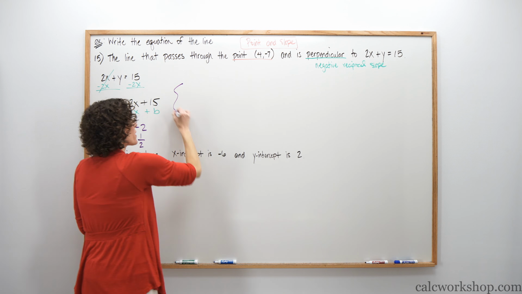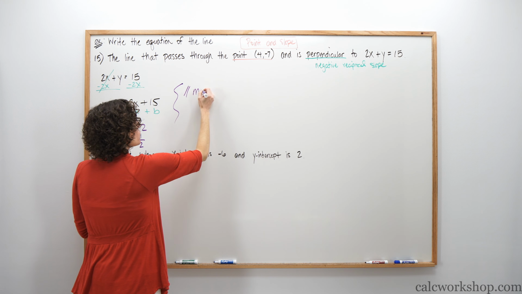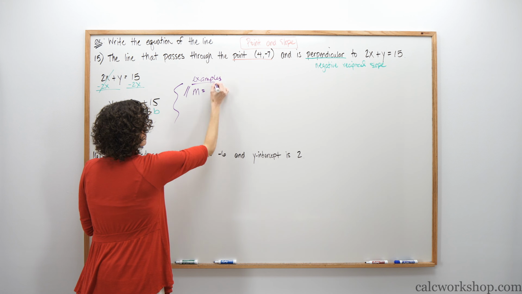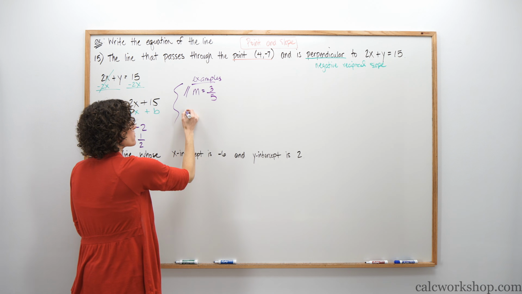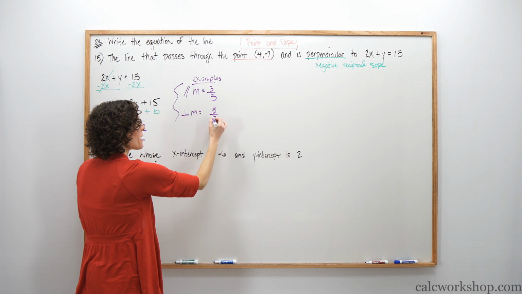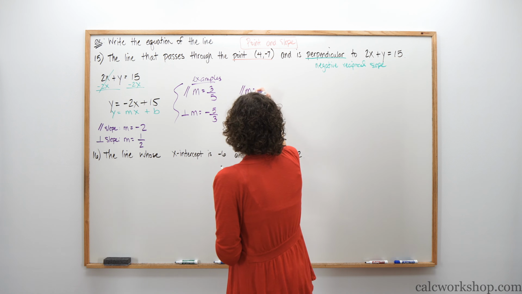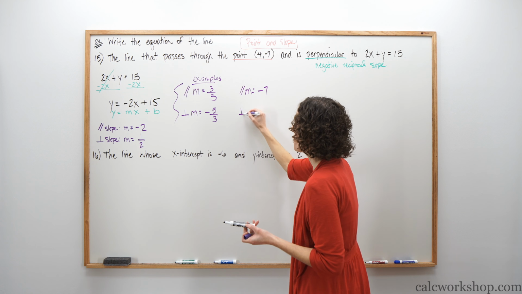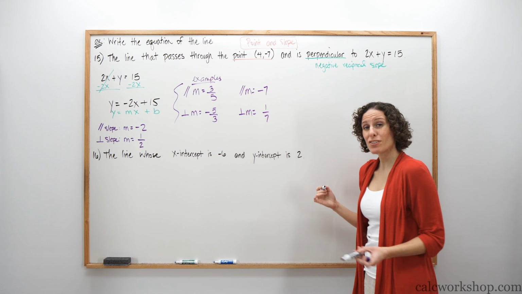So again, if we kind of just quick review, these are just examples. If the parallel slope was 3/5, the perpendicular slope would be to flip the fraction to make 5/3 and change the sign. If the parallel slope was -7, the perpendicular slope would be to flip the fraction and change the sign.